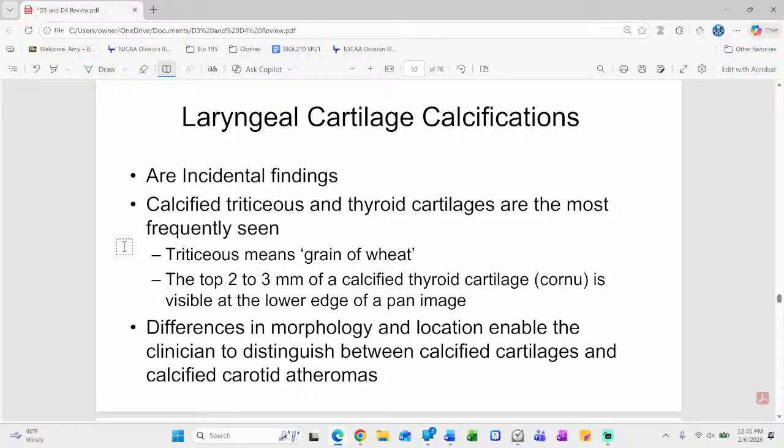The top 2 to 3 millimeters of a calcified thyroid cartilage, which is then called the cornu, there also, same word, is what we see. That's what becomes visible to us. But those differences in morphology and location enable the clinician to distinguish between those calcified cartilages and carotid plaque.